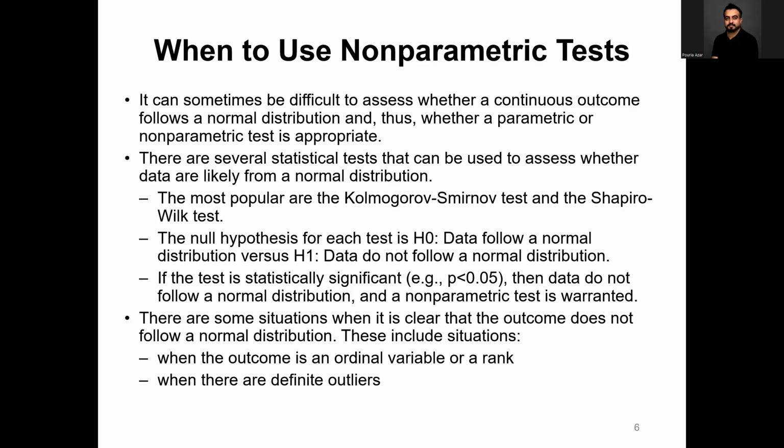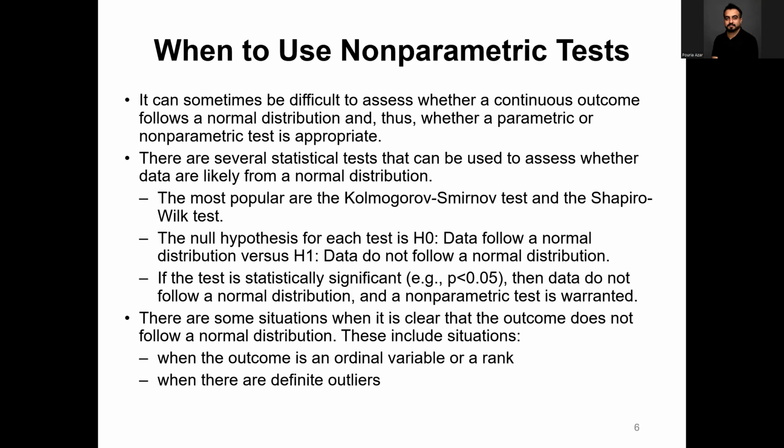Whenever the p-value for either of these tests was significant, we would assume that the data is not normally distributed. But if it was non-significant, we would assume that the data is normally distributed. So we would go with a parametric test rather than a non-parametric test.